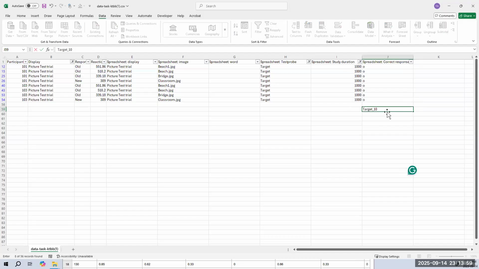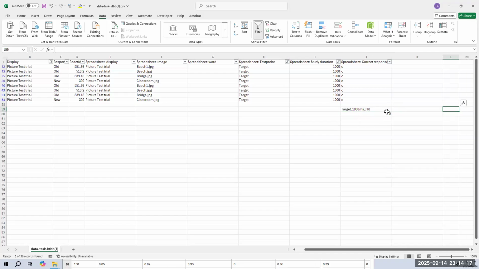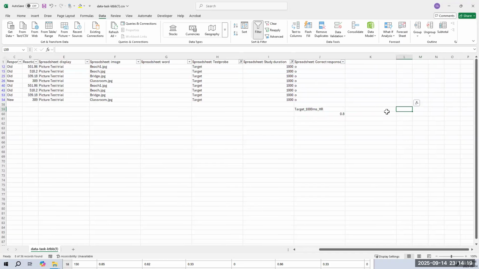And then I have 1,000 milliseconds, and this would be hit rate. So hit rate, and 8 out of 10. So that's a 0.80. So you could do misses, and then you can do false alarms, and then you can do correct rejection, and false alarm also, right?